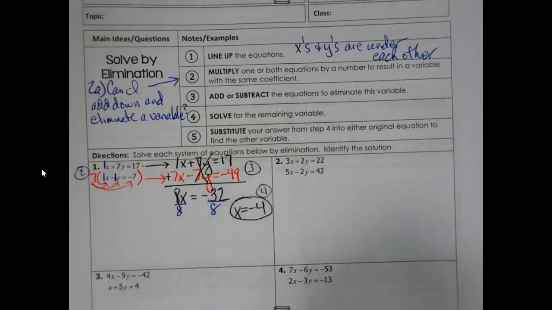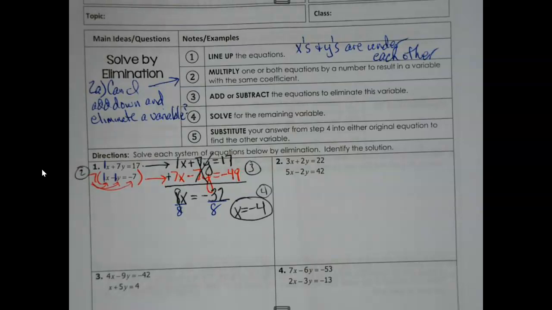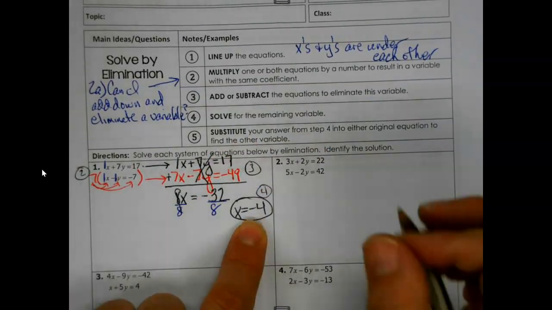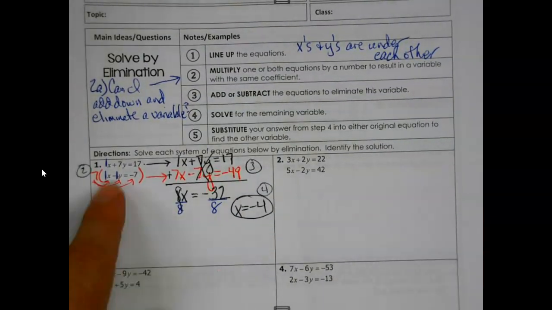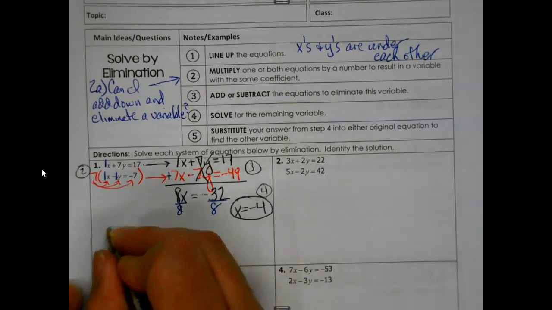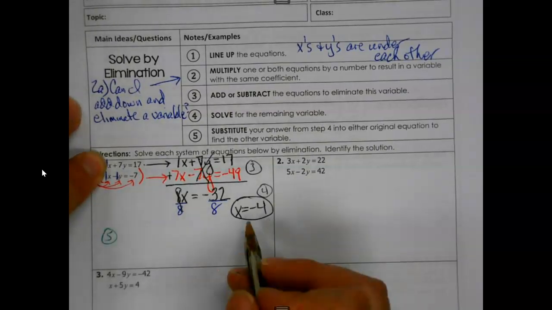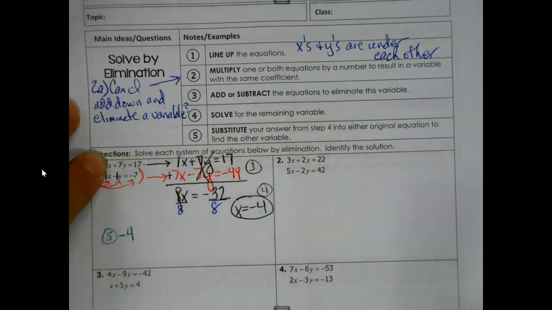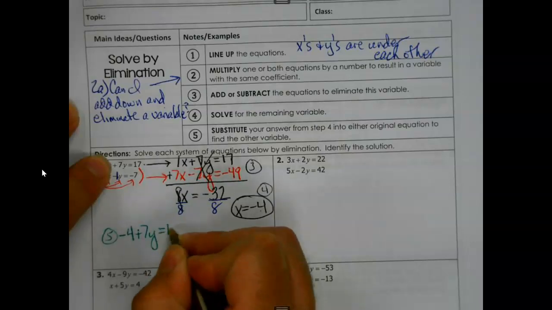That was step 4. You're like, just with this, we're already 4 steps deep. We got 1 step to go. Substitute your answer from step 4 into either original equation to find the other variable. Okay, I always just tend to use the top equation. That's just me, though. So step 5, I'm going to start writing this equation. But like here with that x, I'm going to replace it with its value. So that's going to be negative 4 plus 7y equals 17.